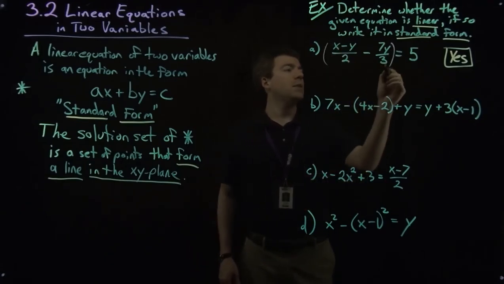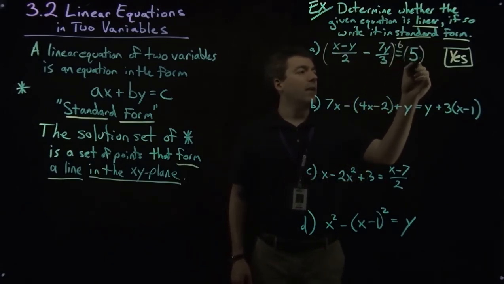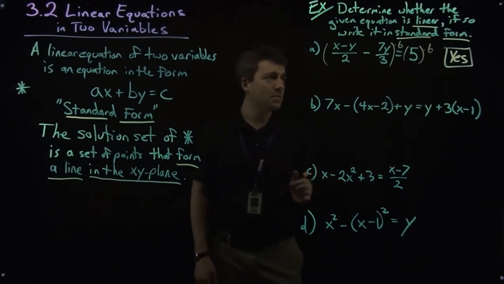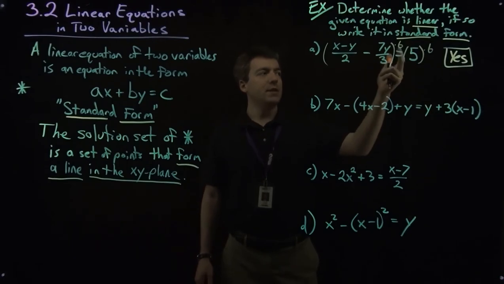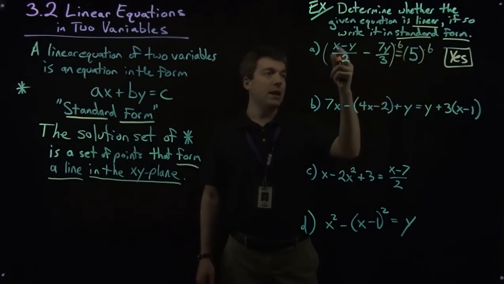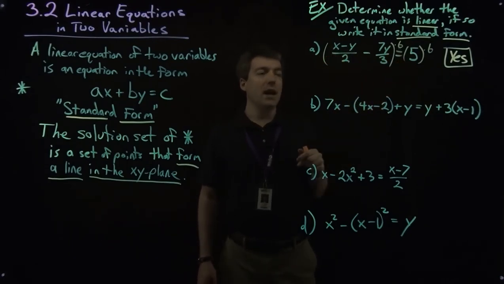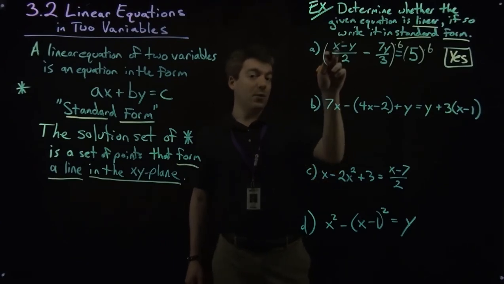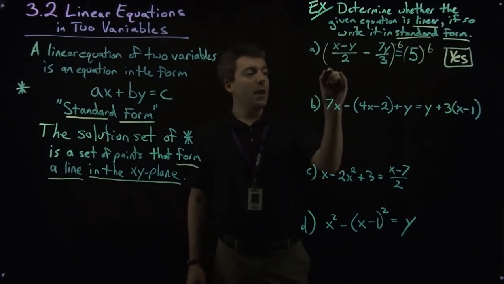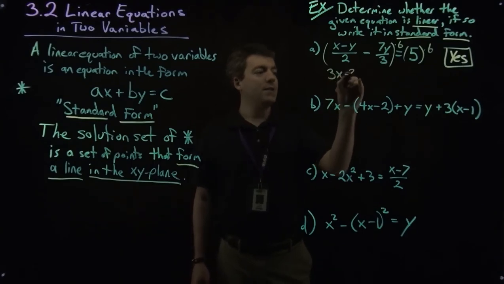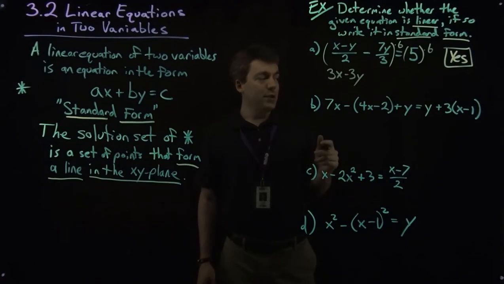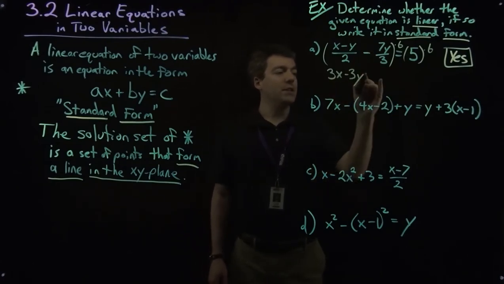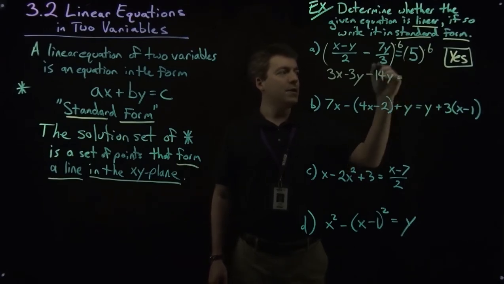So this is here times 6, and 5 times 6. We need to distribute this 6 into this difference. 6 divided by 2 is 3, so we need to take 3 times this x minus y. We have to distribute into that too, so we'll have 3x minus 3y. And then 6 divided by 3 is 2, so we have 2 times 7, which is 14, so minus 14y equals 5 times 6, which is 30.